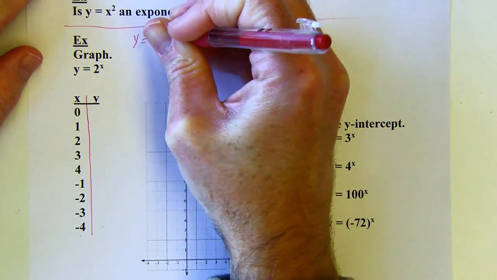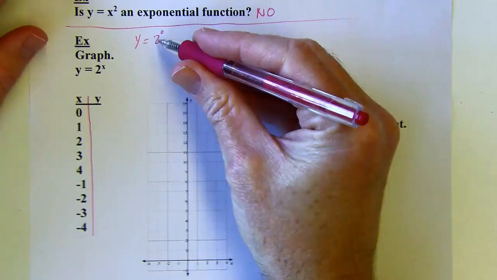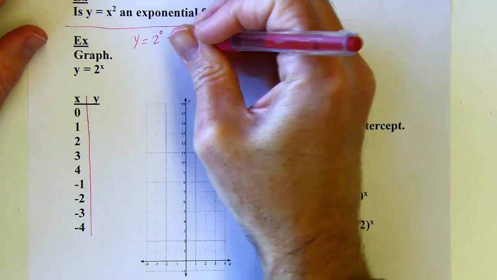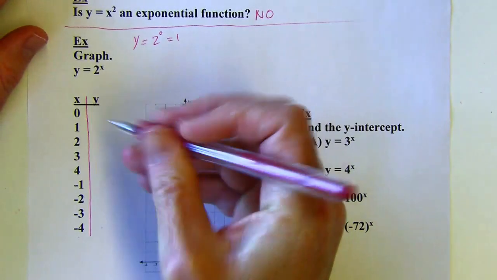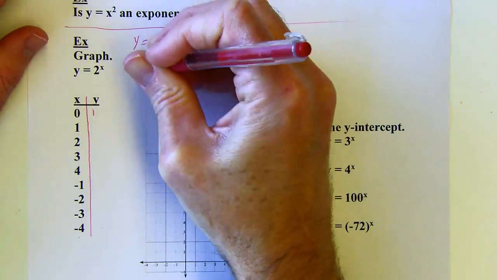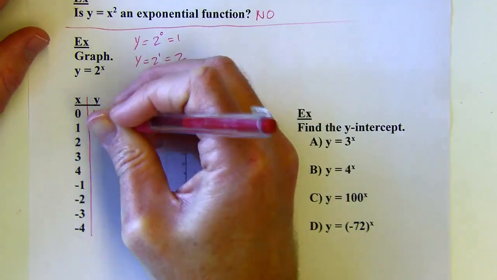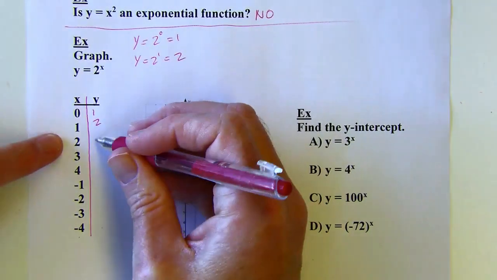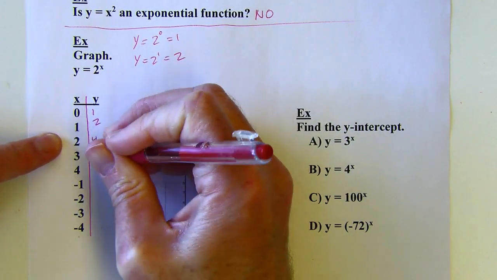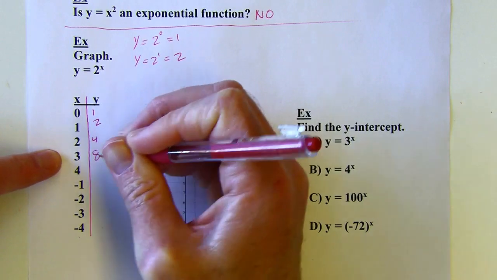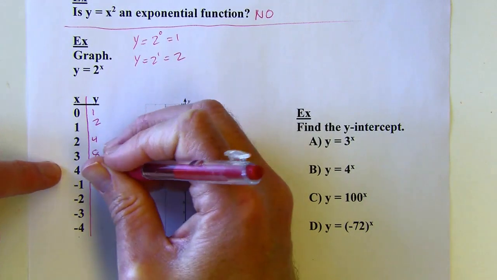I'll just start doing these in my head after a while, but 2 to the 0th equals 1. So when I plug in 0 for x, I get out 1, right? And 2 to the 1st is 2, and so forth. Okay, so 2 to the 2nd is going to be 4. 2 to the 3rd is 8. 2 to the 4th is going to be 16.